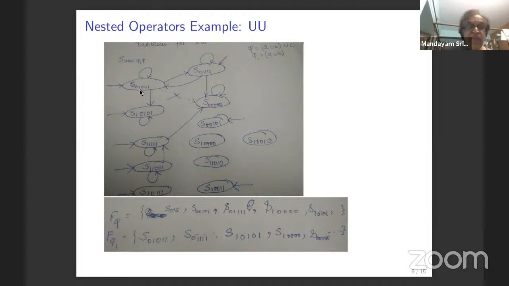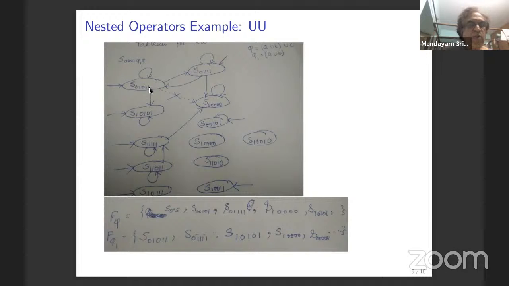That's why this state is also included. Actually, I thought 0, 1, 0, 1, 0 at least is not possible.